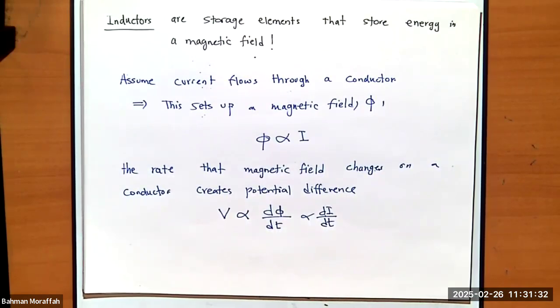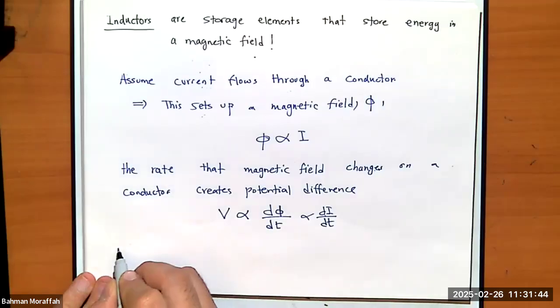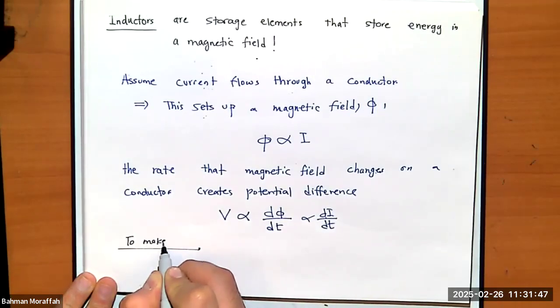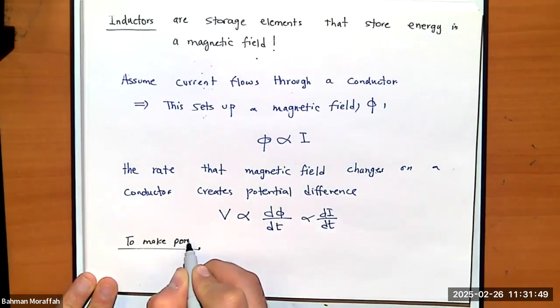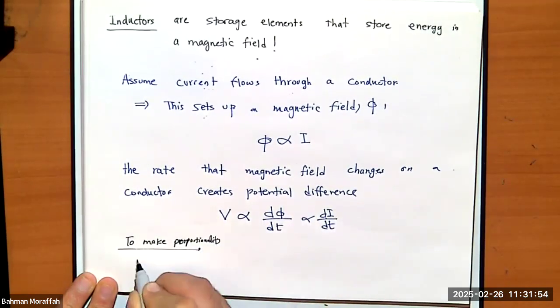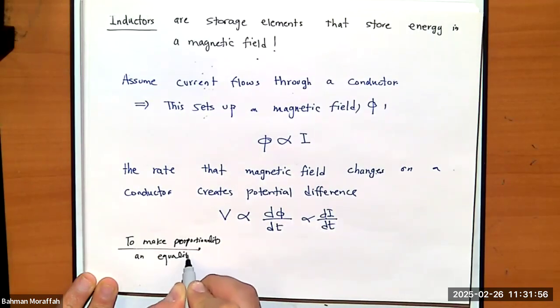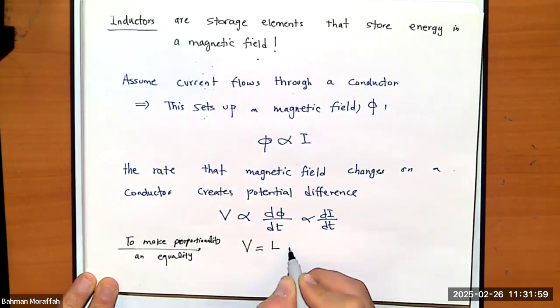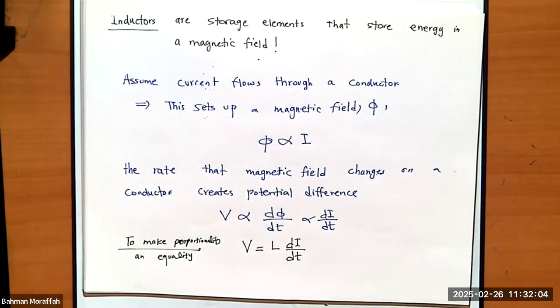As always, when we're trying to make a proportionality an equality, we need to multiply it by a constant. So to make the proportionality an equality, we're going to multiply that proportionality by a constant.